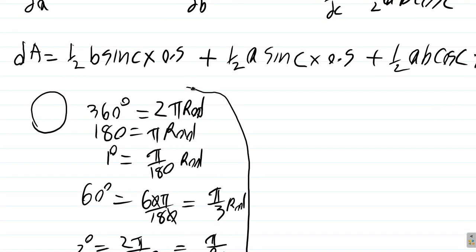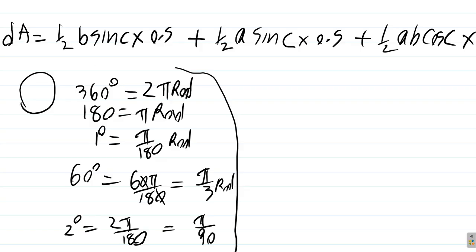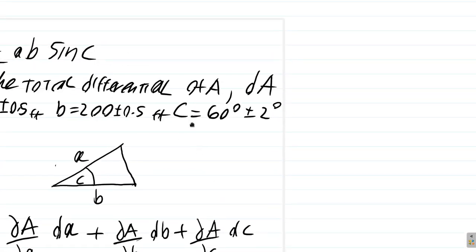Alright, so here we need to put in the values. So dA is equal to half times B. B was what again?